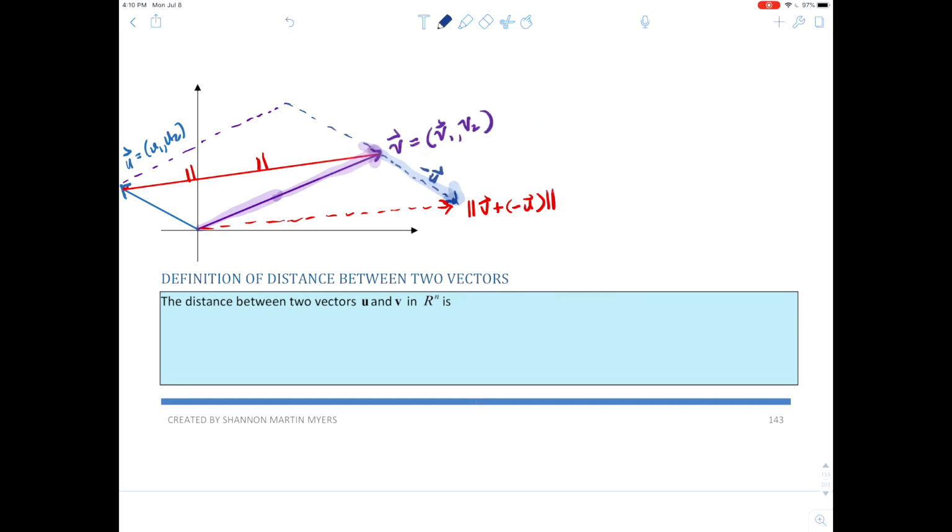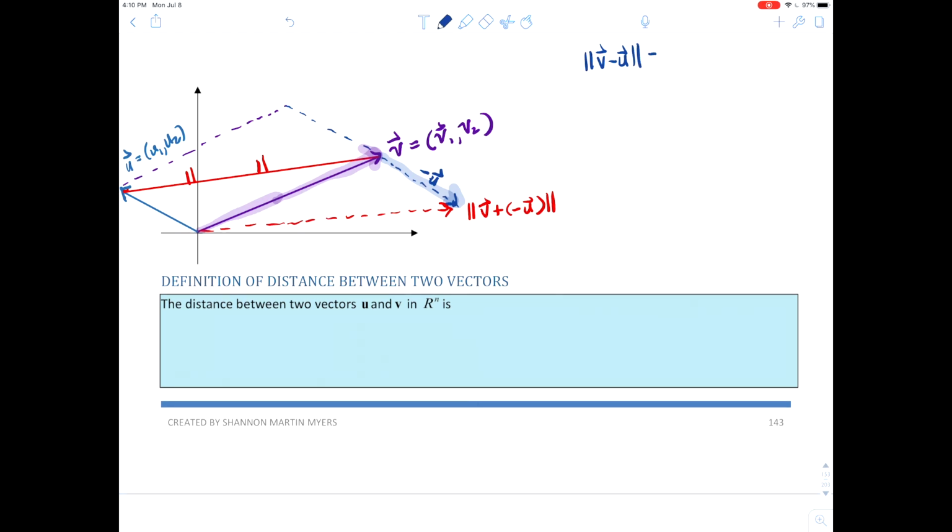All right, well, let's take a look at what we've got going on. The magnitude of v minus u, because plus negative u is minus u, right? Well, that's going to equal, if I factor out a negative 1, what will I have? Good, u minus v, and that's all in the magnitude. But this will be the absolute value of negative 1 times u minus v in magnitude.